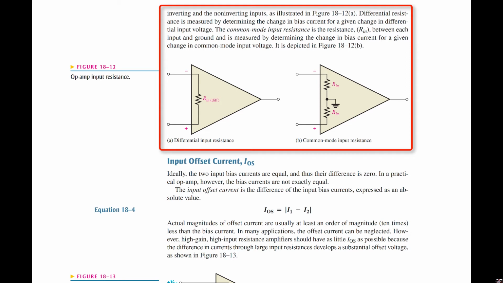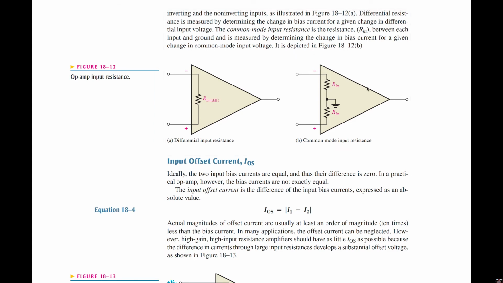The differential resistance is measured by determining the change in bias current for a given change in differential input voltage. The common mode input resistance is the resistance Rin between each input and ground and is measured by determining the change in bias current for a given change in common mode input voltage as depicted in 18-12B.